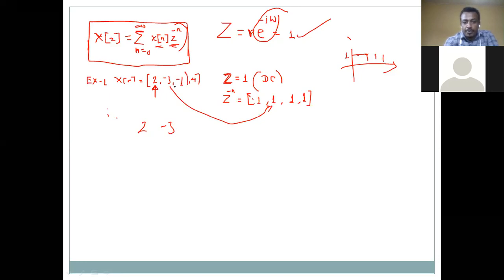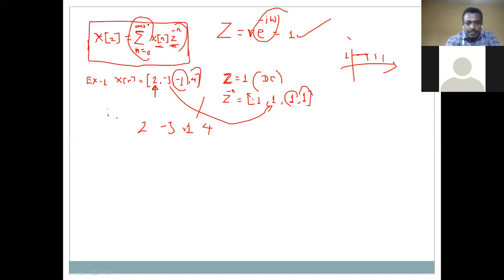Next value, minus 1 times 1, it will be minus 1. Then 4 times 1, it will be positive 4. After that, on the formula you see, you have to multiply each x of n with z, then take the summation. That's what Z transform means.